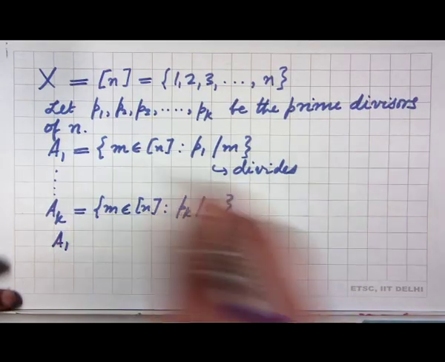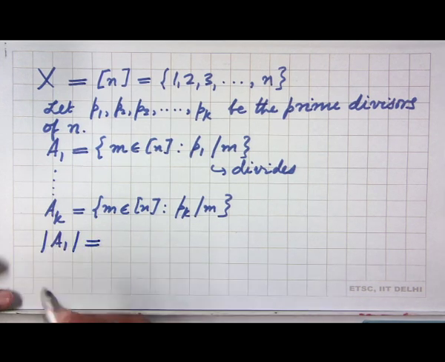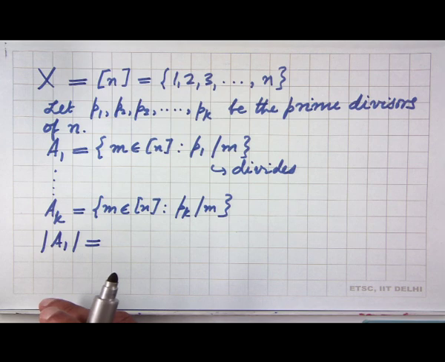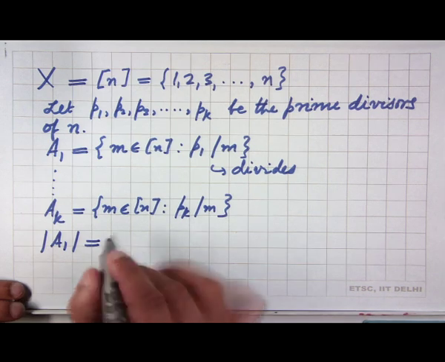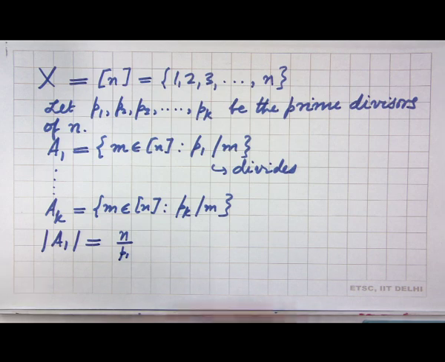Well, A1 is the multiples of P1. It's rather straightforward to figure out what the size of the set is. How many multiples of P1 are there up to n? Well, obviously n by P1. For example, if n was 10 and p1 was 2, how many multiples of 2 are there up till 10? Well, positive integer multiples, there's 2 and there's 4 and there's 6 and so on, all the way till 10.